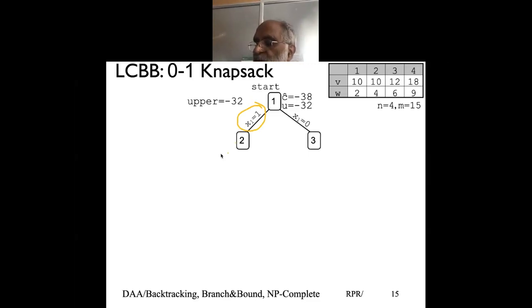Remember, as long as I traverse on the left, that means items are included. I already have a weight of 2, plus I include the next item, which is weight 4. This becomes weight 6. Next item is 6, so my weight becomes 12.